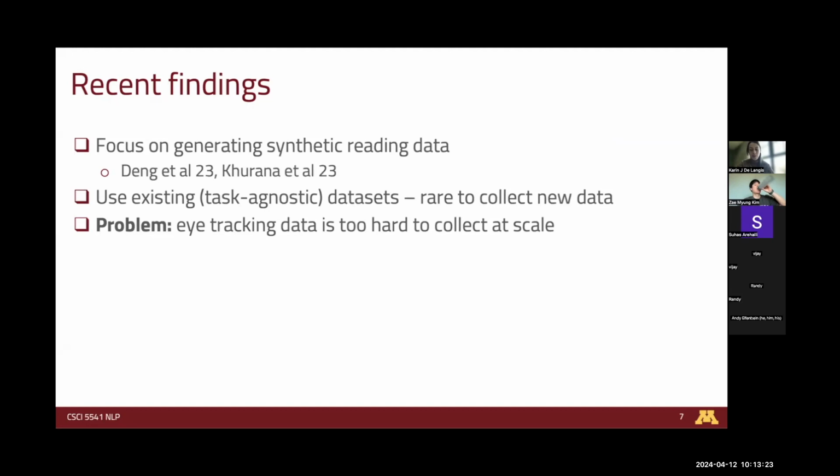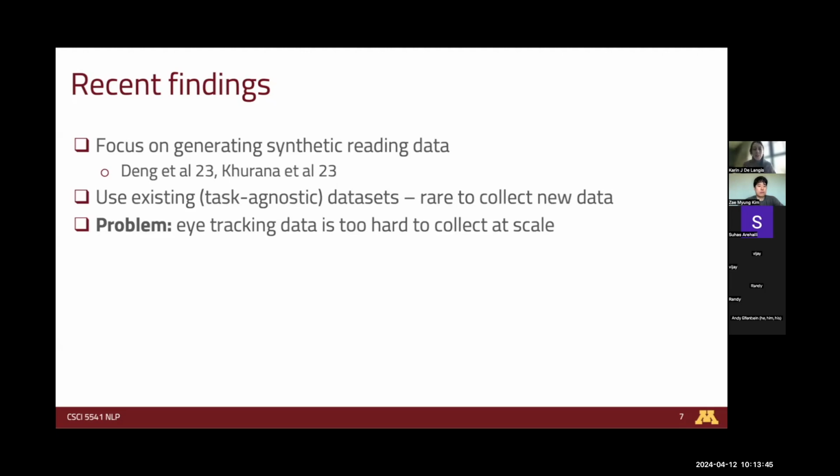It's difficult, expensive and time consuming to collect eye tracking data, as I'm sure some of you are familiar with. And the data sets that we want to use for our NLP systems are oftentimes hundreds of thousands of items.